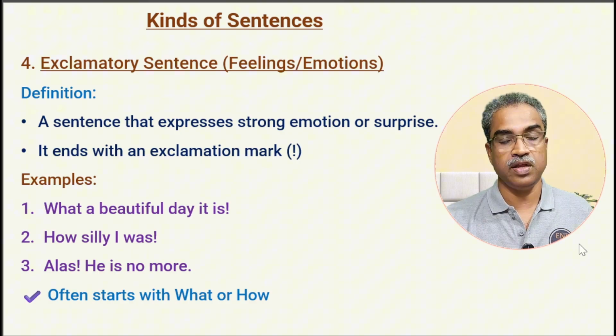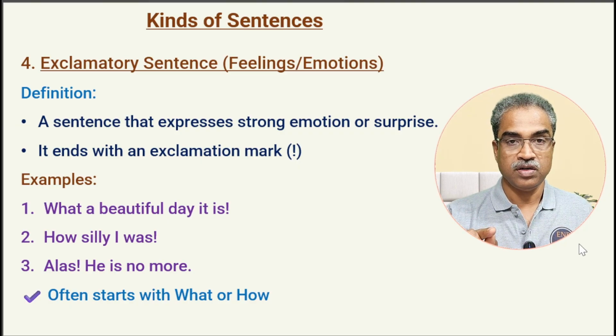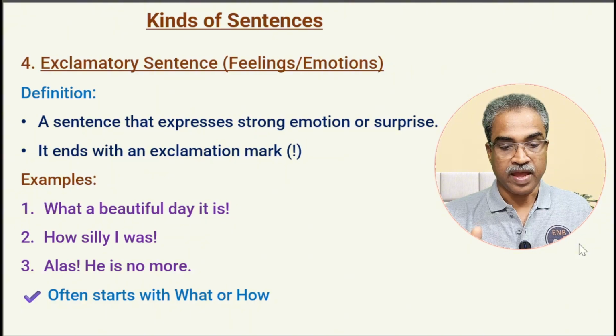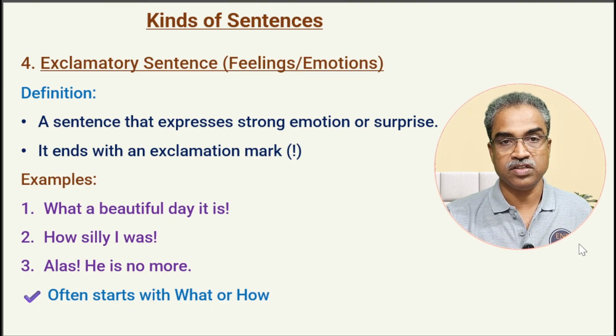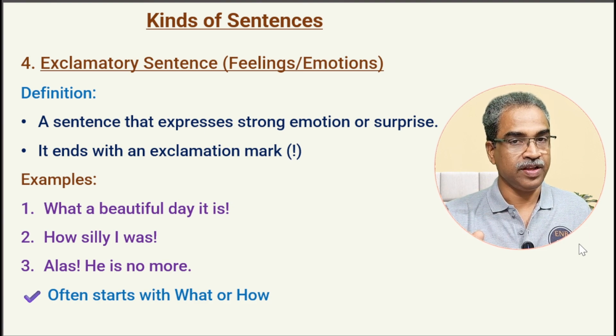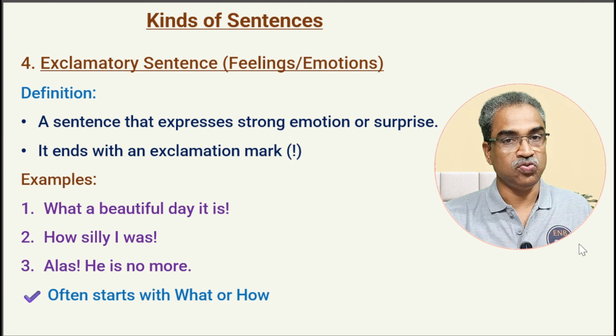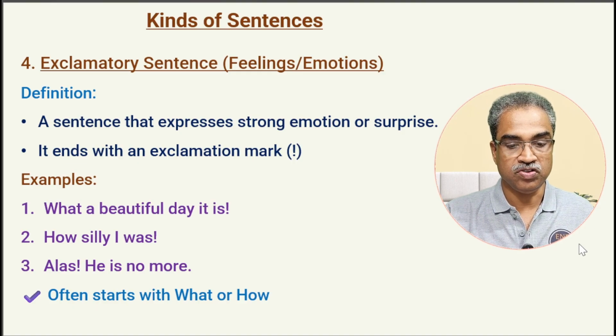What a beautiful day it is. So what we are using here. And afterward, what comes? A beautiful, an adjective comes, beautiful. And after the adjective, we have a noun, day. So adjectives qualify a noun, give quality to noun, day. What kind of day? Beautiful day.